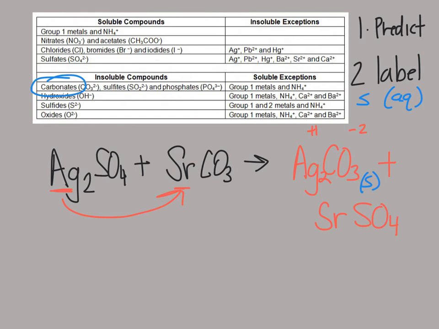We're going to now do the sulfate, and sulfate is up here in the soluble compounds, and it is listed with Sr, so that one also is a solid because the Sr is an insoluble exception. So you can see that sulfate is here on the left, but Sr makes it now become an insoluble, so they're both going to be labeled as solid.